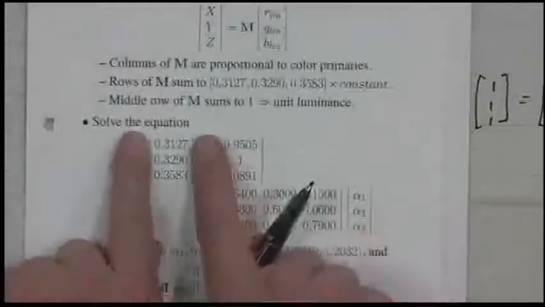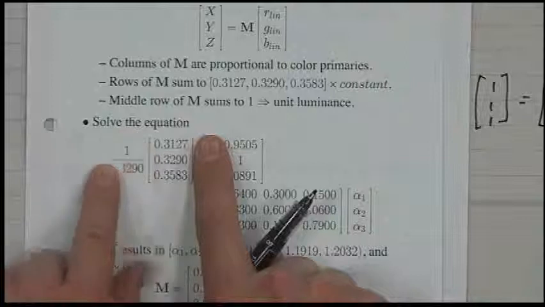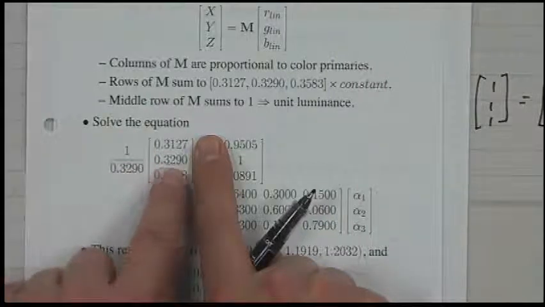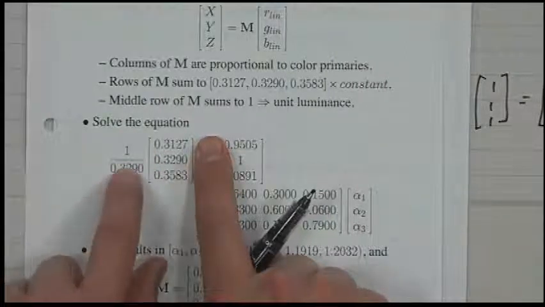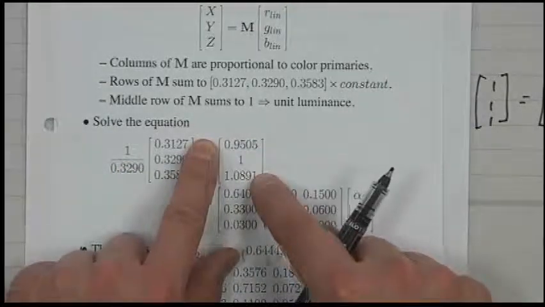See, this is the chromaticity associated with the white point, D65. We divide it by 0.3290, which is here. So that's a 1 and 2 numbers, 1 on the top and the bottom, right?